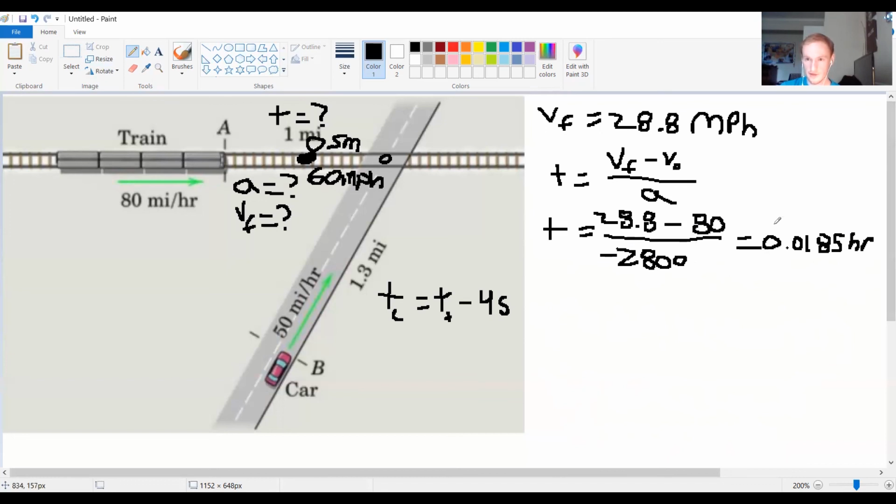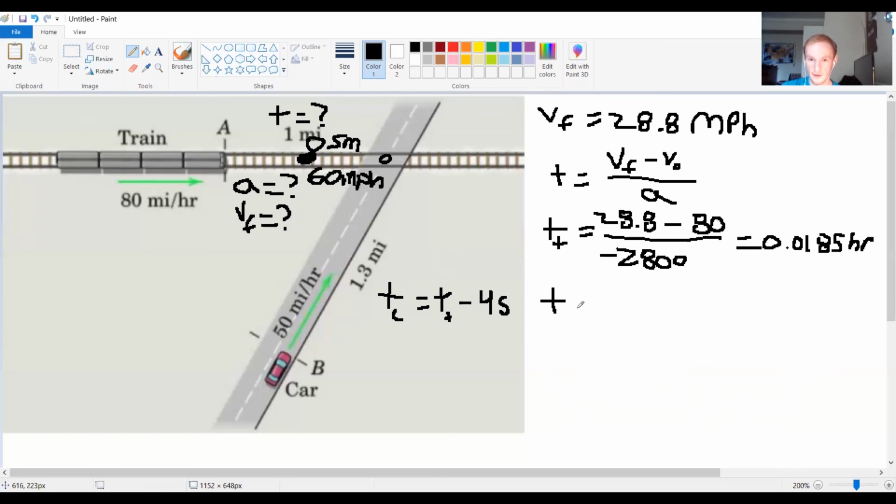So now that we have the time it takes for train A to reach this intersection, we can take this, which is T train, and plug it into T car to get the time it will take for the car to reach the tracks 4 seconds before this.